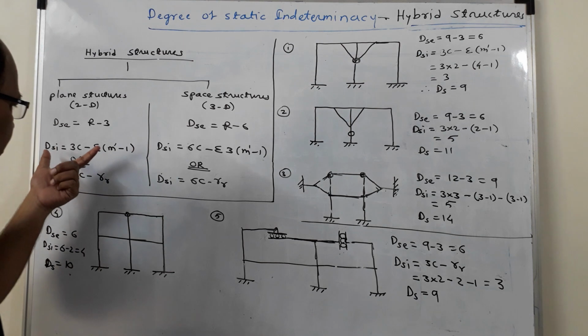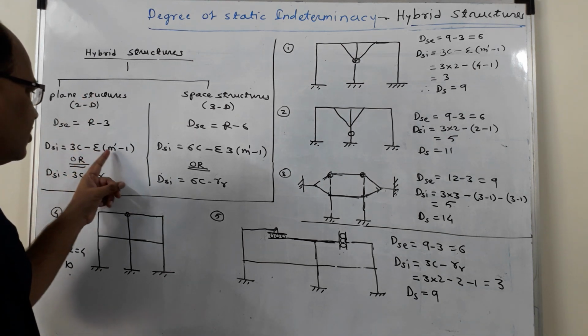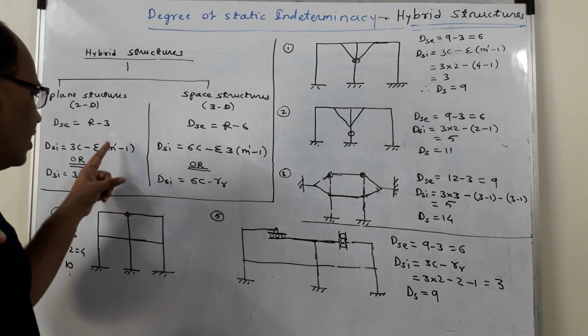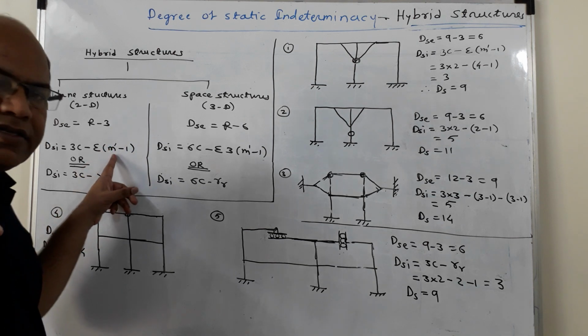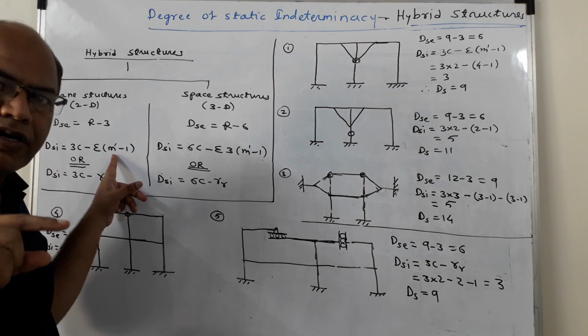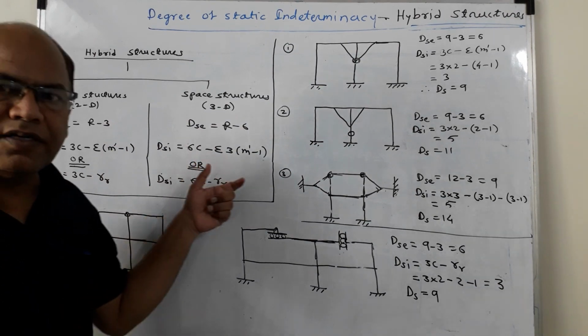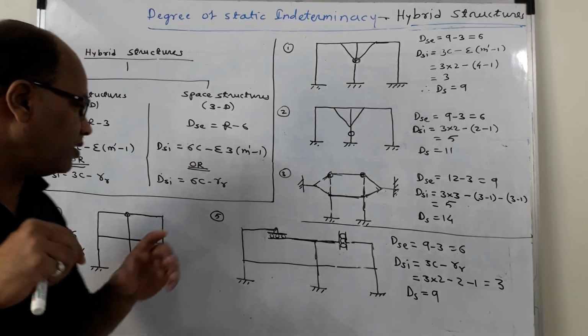So DSI in case of plane hybrid structures is given as 3C minus summation of m dash minus 1, where m dash is equal to the number of members meeting at a hinged joint in a hybrid structure.